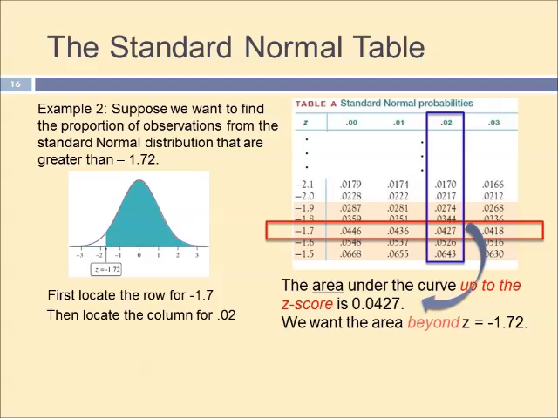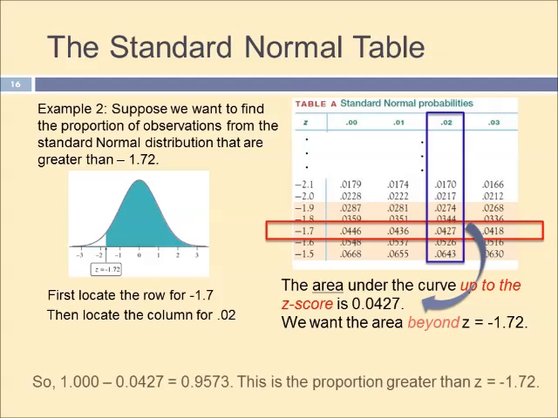So 0.0427 represents from the left, infinity to the left, up to negative 1.72. We want the area beyond that. Since the area under the entire curve is exactly equal to 1, then we just simply subtract 0.0427 from 1. That equals 0.9573. That is the proportion greater than z equals minus 1.72.